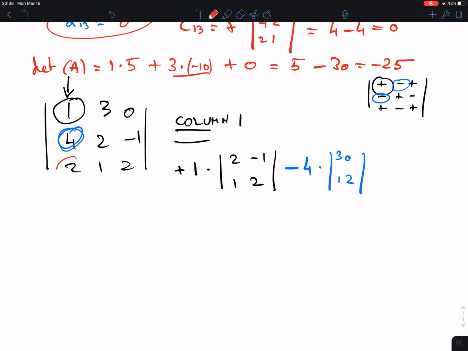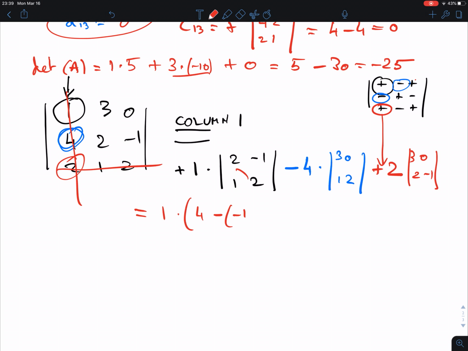Okay, we got it now. This 2 plus 2. Why plus? Well, because we are now at the plus sign again. And then the matrix we get is we scratch out and we're left with 3, 0, 2, minus 1. And this should be 25, minus 25. Well, let's check. 1 times 4 minus 1, that's a diagonal element.